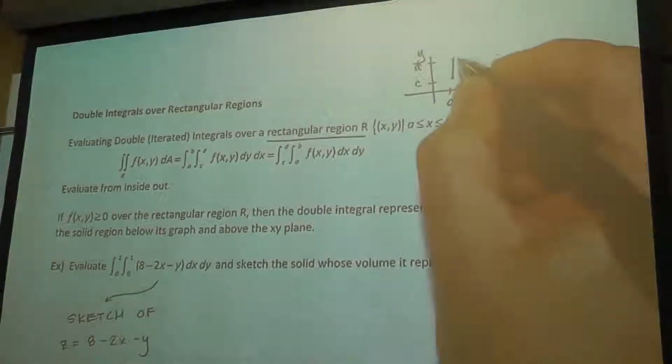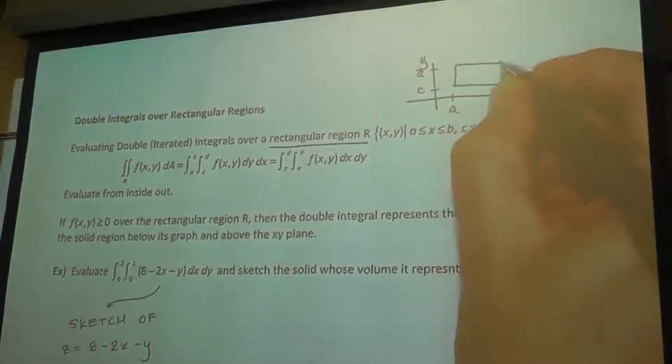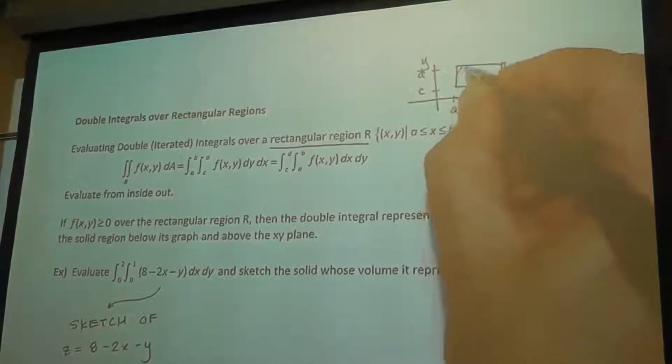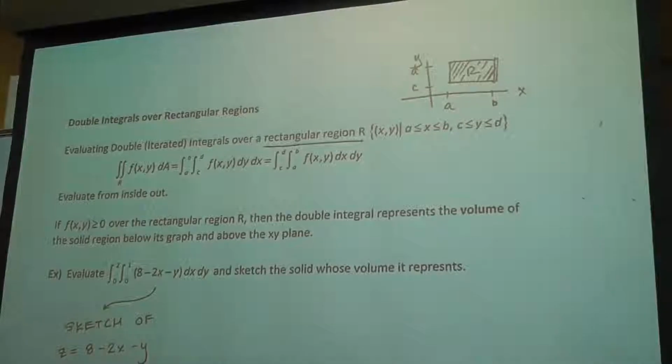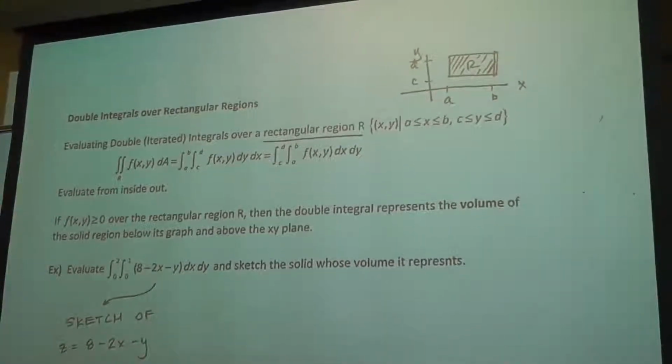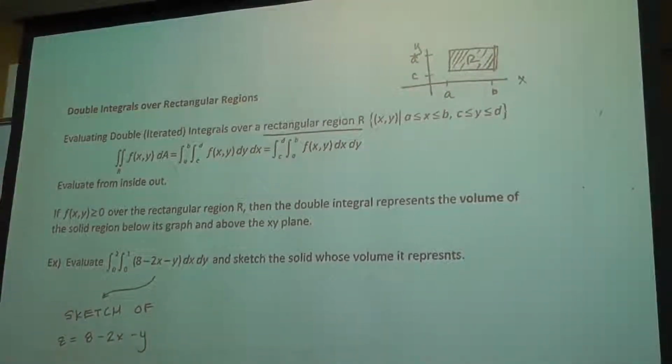This is the region R that we're generically talking about here. That represents the double integral's domain. You see? So at first, you're only integrating over rectangles, okay?